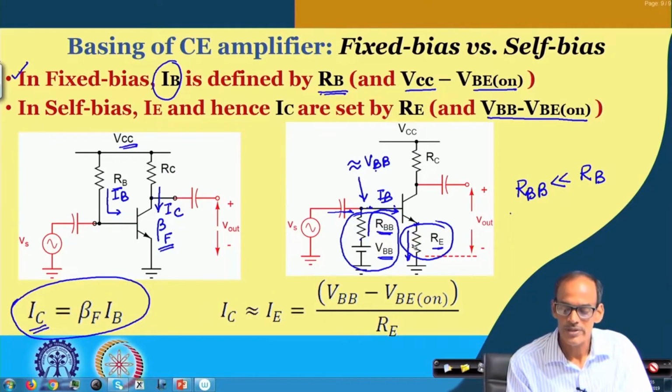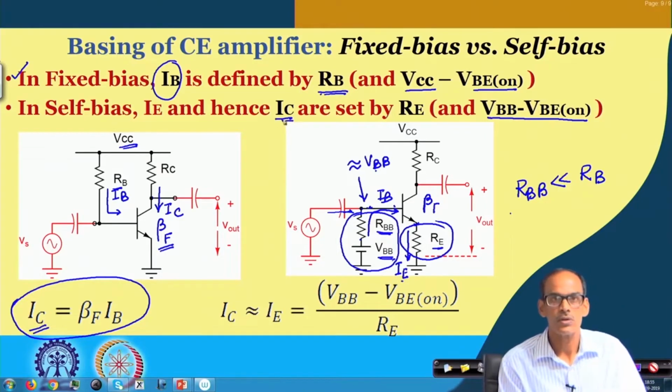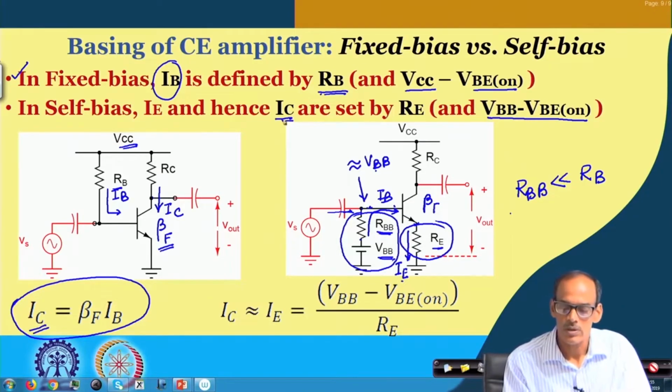In other words, the emitter current IE in the self biased circuit is defined by this voltage difference divided by RE. So, IE is, quote unquote, independent of the beta of the transistor. So, naturally the collector current is also, quote unquote, independent of beta F.